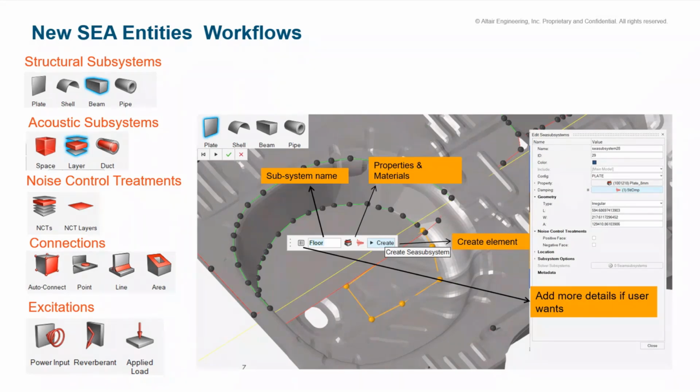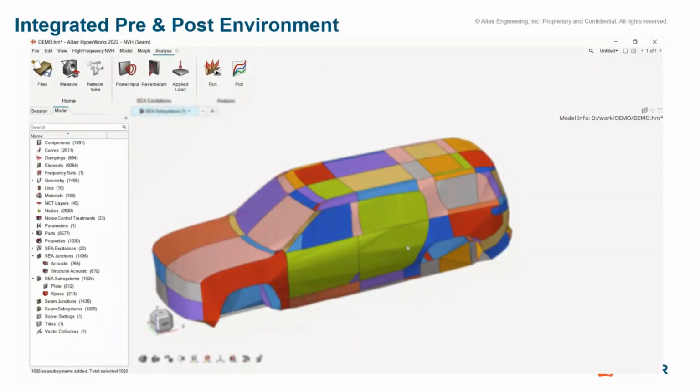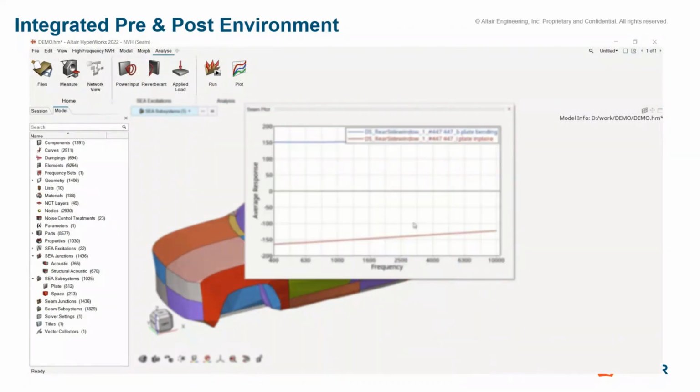Once we had this Unity framework, the next major step, because the solving time was so low, was to have an integrated pre and post environment where you can see the results instantaneously and dynamically.